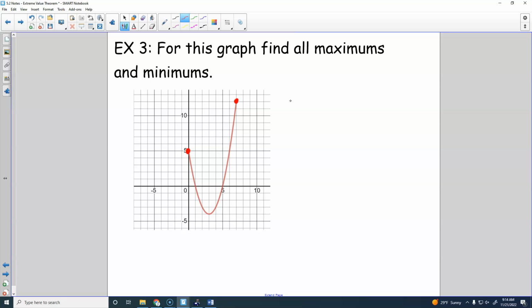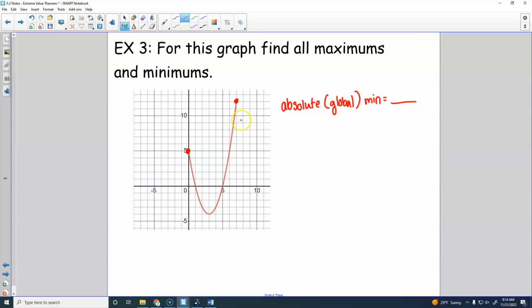Do I have absolute on this? A value that's higher than every other value, a value that's lower than every other value? I do, right? So these are going to be absolute maximum and minimum that you can find. So my absolute or global, let's do minimum first.